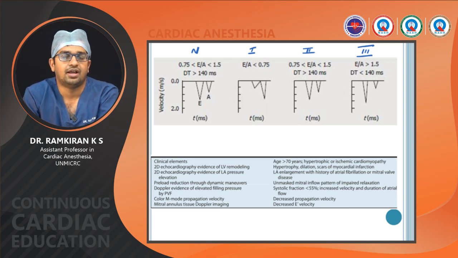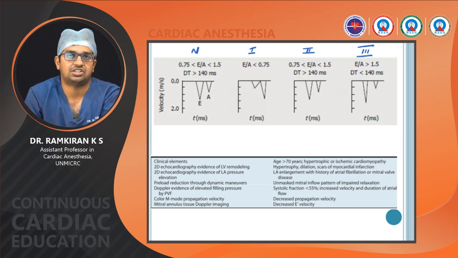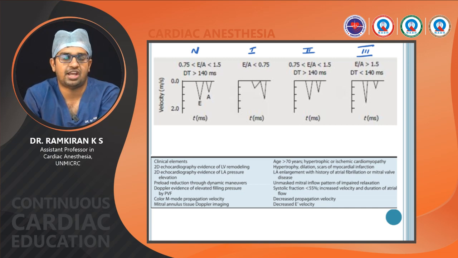So how do you do it? As we told once, when we reduce the preload through dynamic maneuvers like the Valsalva maneuver, it will unmask the mitral inflow pattern from the pseudo normal phase to the impaired relaxation phase, that is from stage 2 to stage 1. If that is not happening, then you can consider it as normal diastolic function.